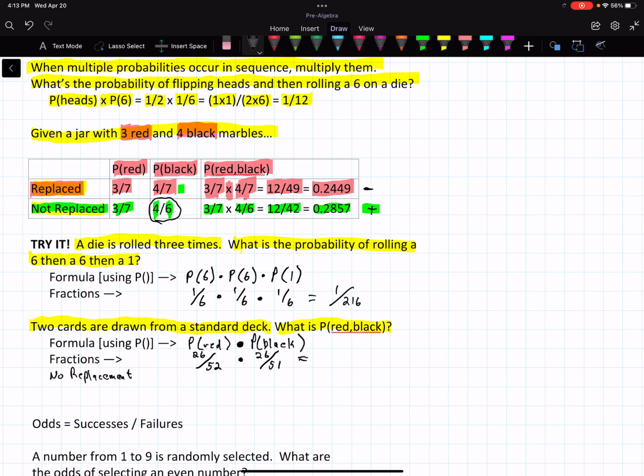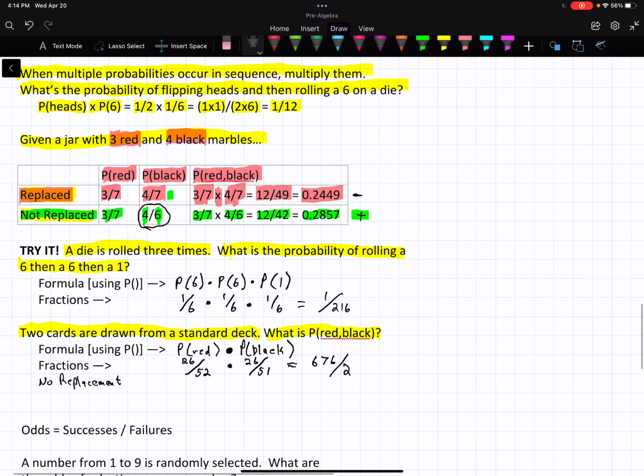And I'm going to have to do this on my calculator here. 26 times 26 is 676, and over 52 times 51 equals 2652.